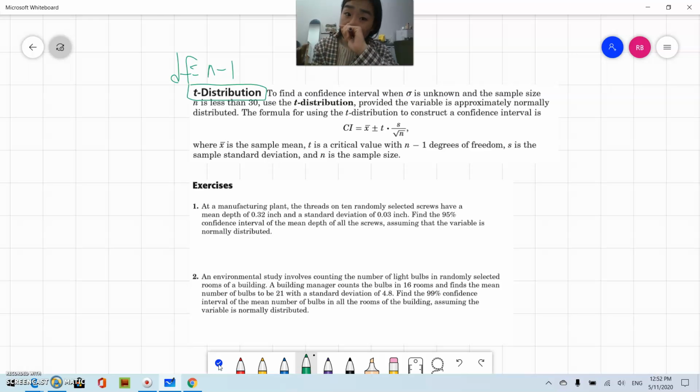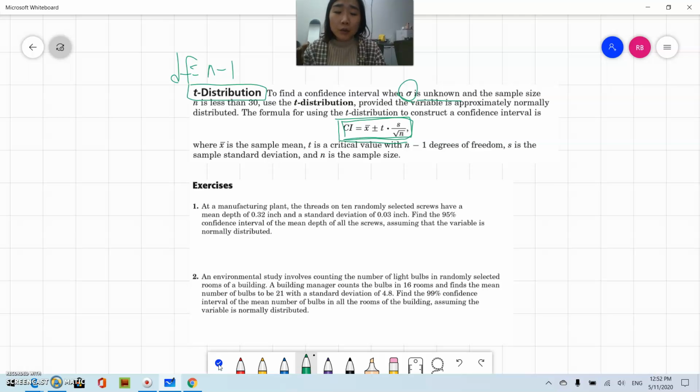Oftentimes your standard deviation for the population is unknown, and sample size could be less than 30. So then we use the t-distribution, assuming that your sample itself didn't have an outlier or a strong skewness. You can see from here the formula for the confidence interval is very similar to the formula from the z-score.